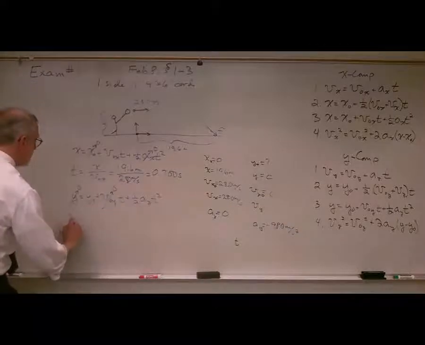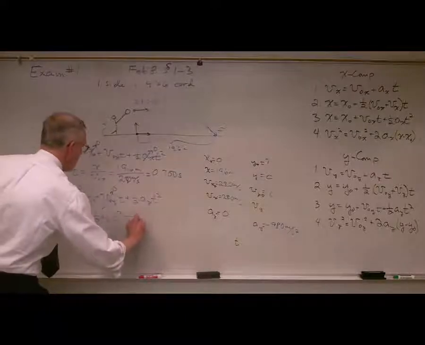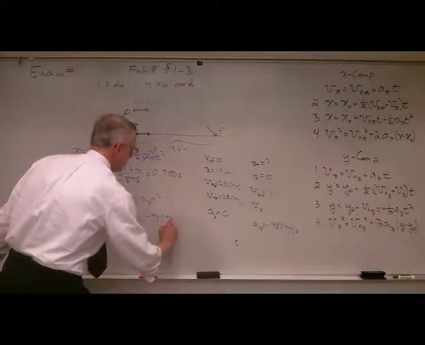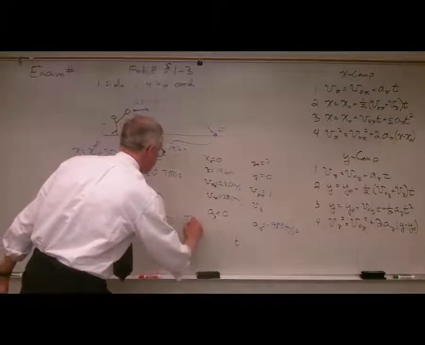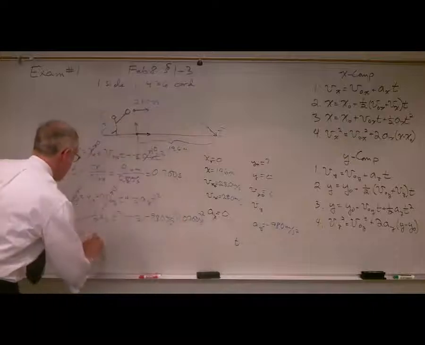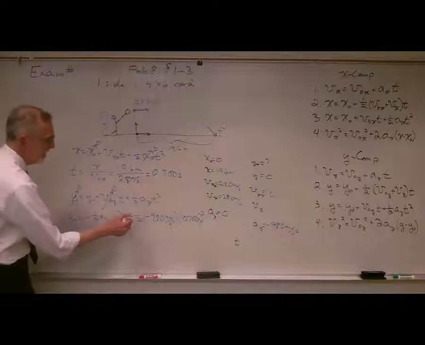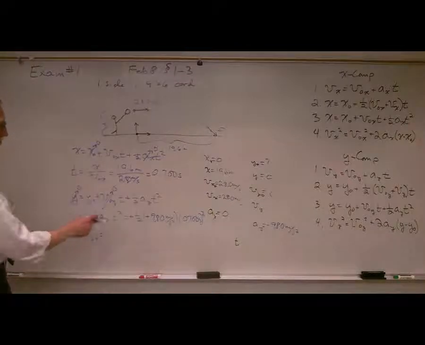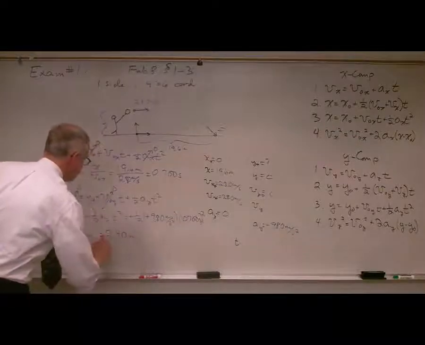So we have y naught equals negative 1/2 ay t squared, or negative 1/2 times negative 9.80 meters per second squared times t squared, 0.700 seconds squared. Multiplying this out, notice we have negative of a negative, which gives us a positive final value, which is what we would expect. That makes sense. We expect to have a positive initial value there. Multiply that out, and we find y naught is 2.40 meters.